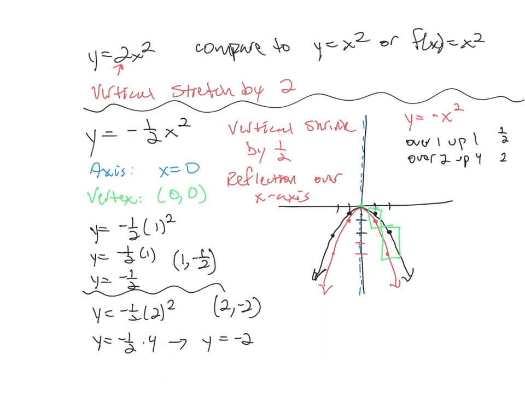So draw an imaginary line through the middle of the graph, and then wherever it hits the x-axis, that's the axis of symmetry. So if it hits the axis at 1, the axis of symmetry is x equals 1. If it hits it at 2, x equals 2. If it hits it at 4, x equals 4. If it hits it at -1, x equals -1. Okay, just extend it through.